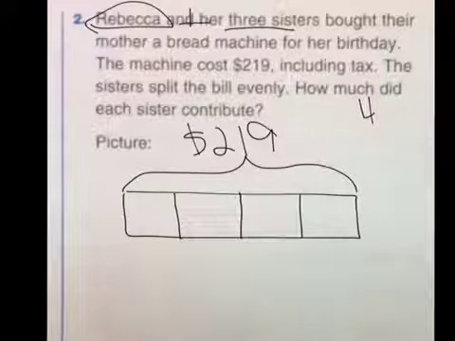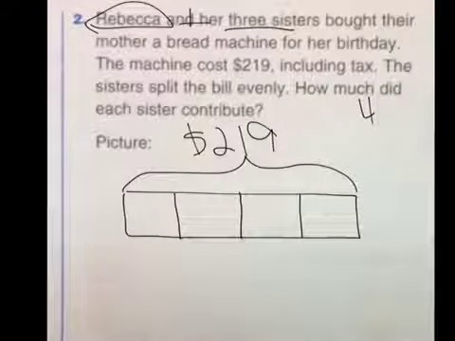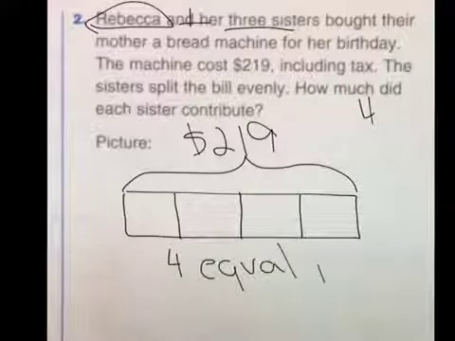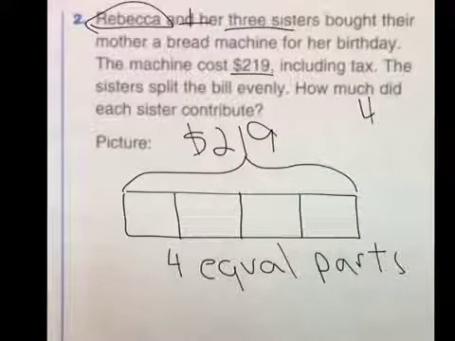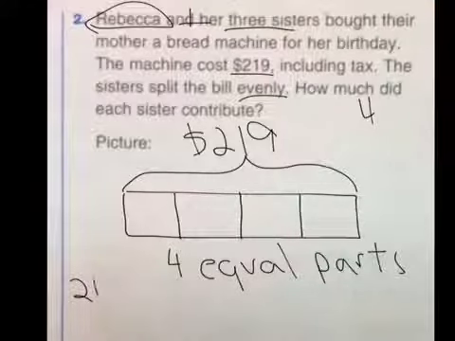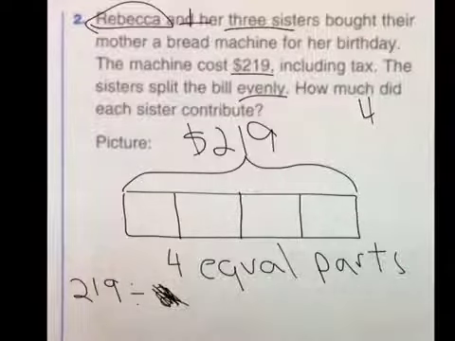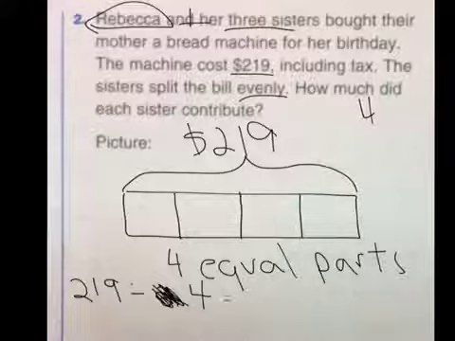So they each split the amount of $219 into 4 equal parts. Okay? My number sentence, evenly, is probably going to look something like this: 219 divided by 4. Okay? So 219 divided by 4 is what it would look like.